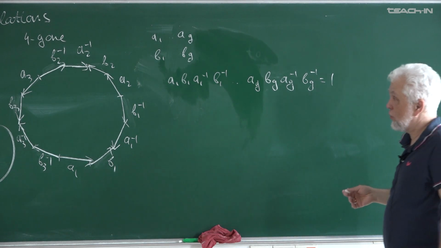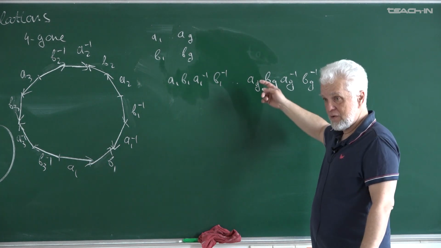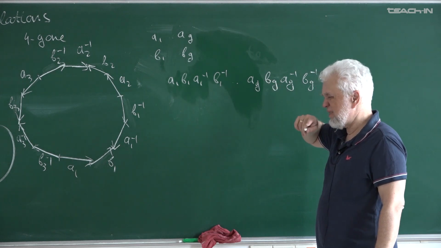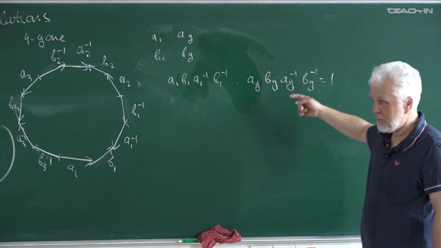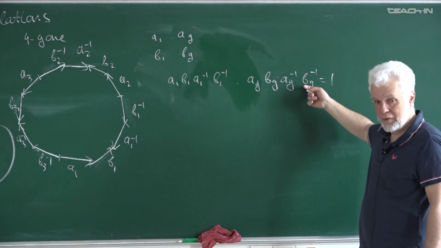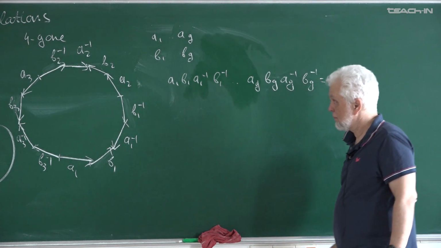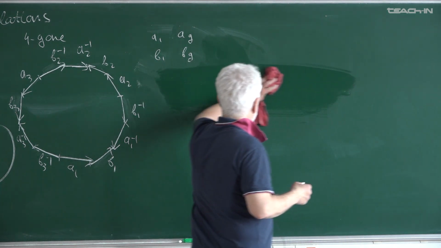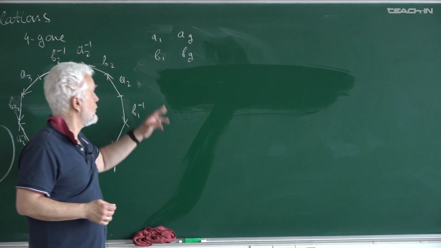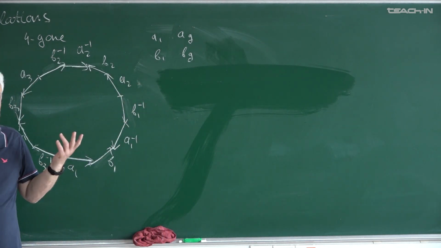Of course, if you go to homologies, we obtain a free commutative group because this relation becomes trivial. It belongs to the commutator. Therefore, in homologies, you have a basis of dimension 2g.